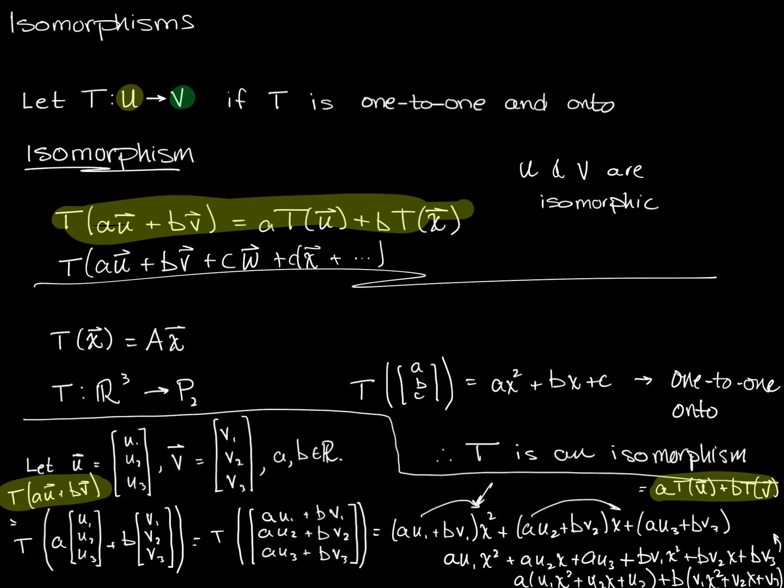But I'm not stuck with just adding and scaling two vectors. If these two sets are isomorphic, then the transformation will preserve both addition and scalar multiplication at the same time. This holds true for more than just one input.